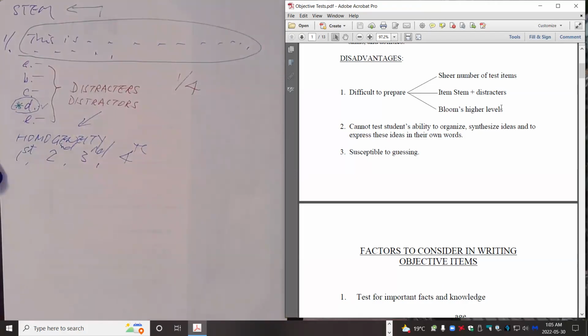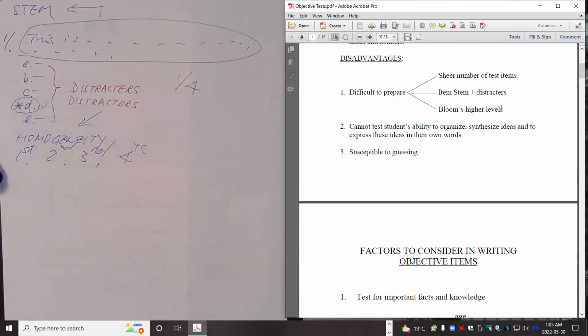Multiple choice, and objective items in general, are very difficult to create when they measure higher mental functioning, let's say Bloom's levels 3 to 6: application, analysis, synthesis, and evaluation. It's very, very difficult to do that.